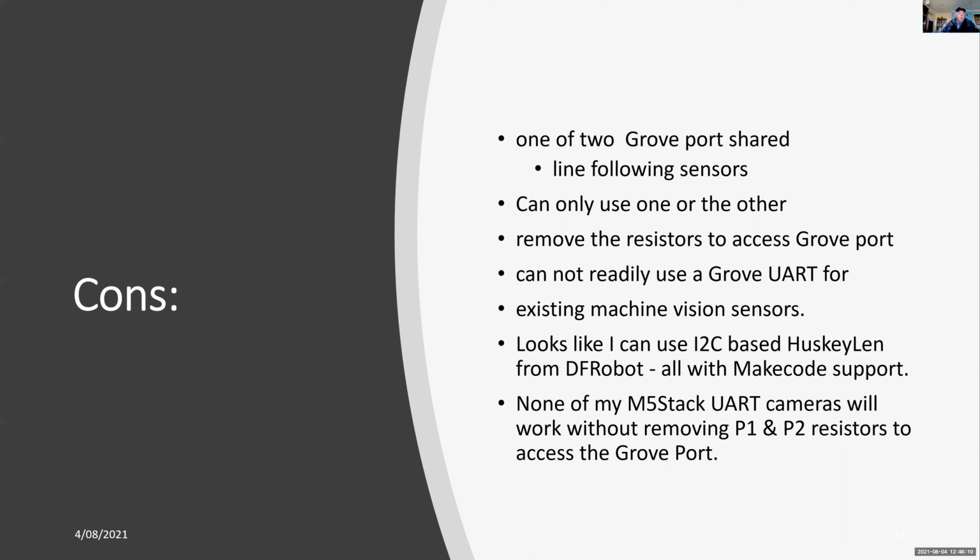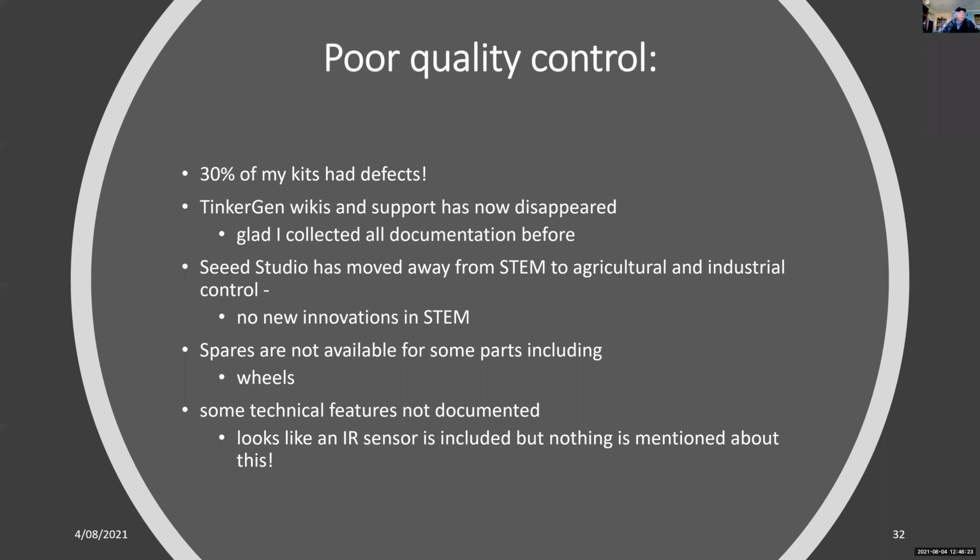But one possibility is to use the I2C Husky lens available from DF Robot, and it has Makecode support. I was also disappointed in that 30% of the kits that I purchased all had defects. And I'm now addressing that issue with Seed Studio.